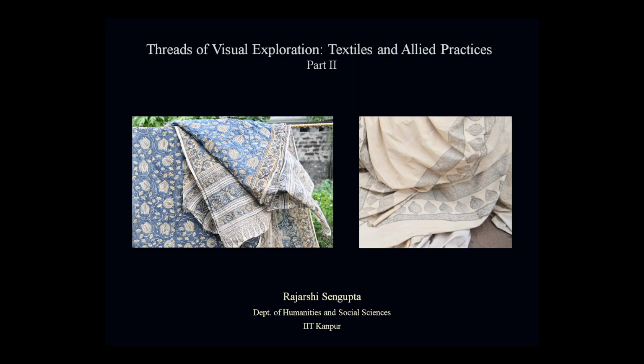Here we will again look into textiles in a network of different kinds of ideas, different kinds of transactions. Looking into the recent threads of scholarship, if I may call it that, at least since the early 2000s, we see that textiles are repeatedly being placed in a network of different kinds of ideas.